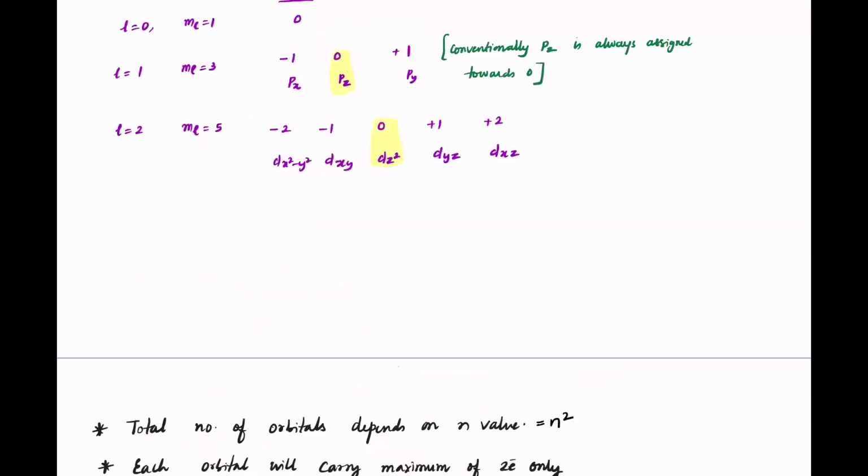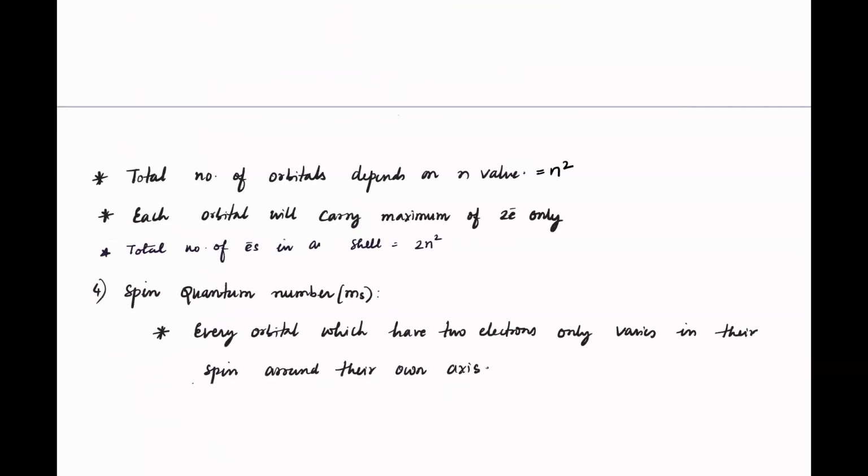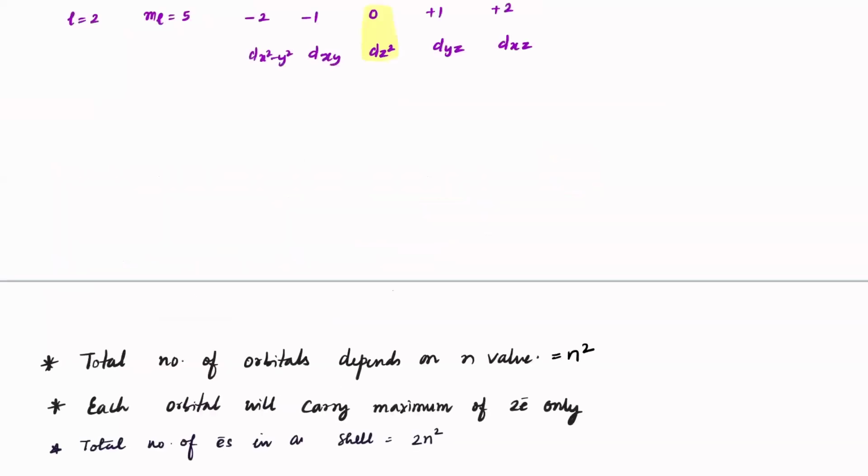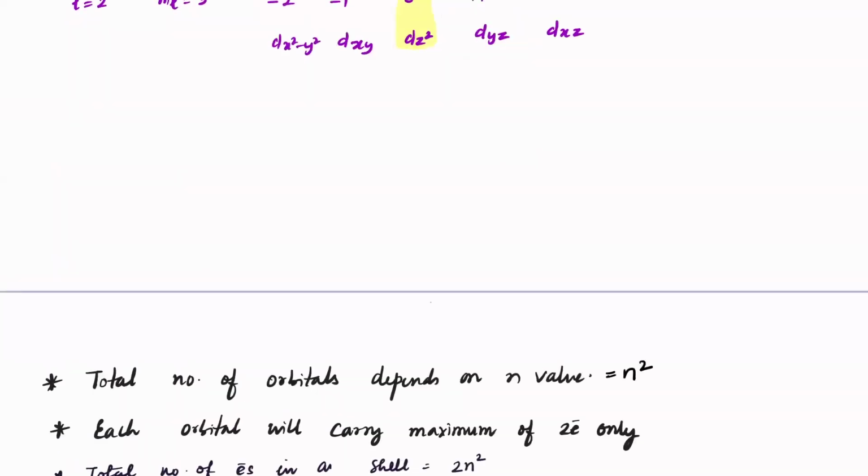So now what can we say the total number of orbitals present for a given n is? Let me show you with an example. Suppose n is equal to 2. For n is equal to 2, the L values are 0 and 1, correct? And we call those subshells 2s and 2p. Then what will be the ml values? For 0, we have only one value, 0, and that is called 2s.